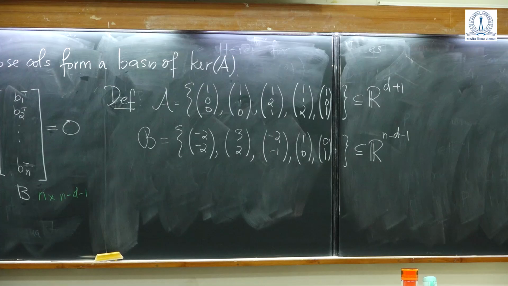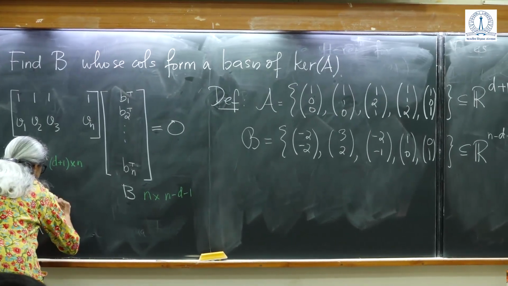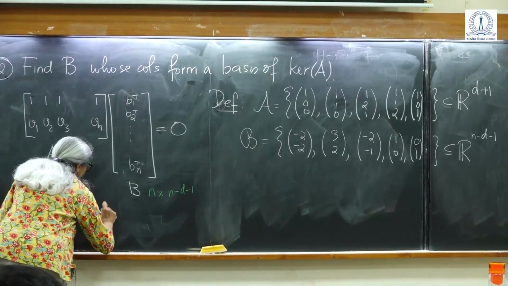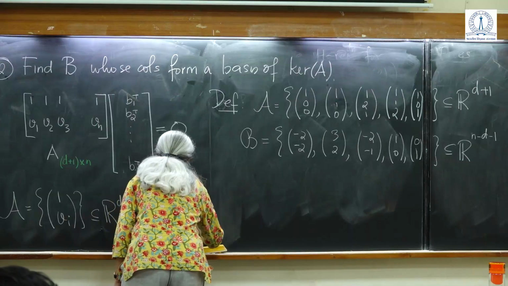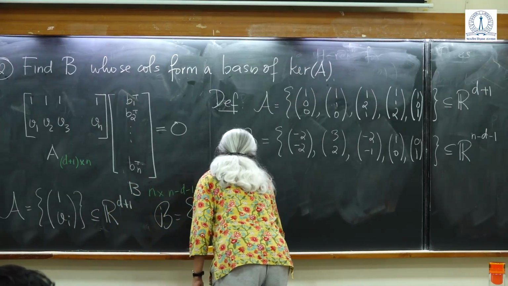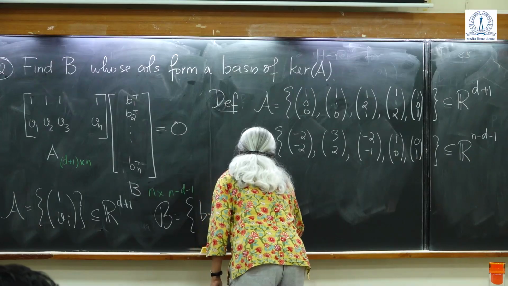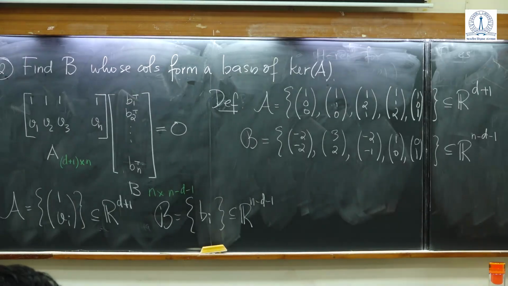Let's say that A is the configuration of all the (1, Bi)'s, and this lives in R^(d+1). And B is the configuration of all these Bi's, and this lives in R^(n-d-1). Everybody okay? I have these two configurations.